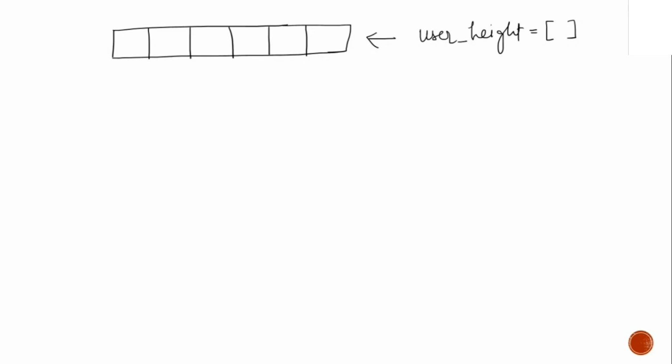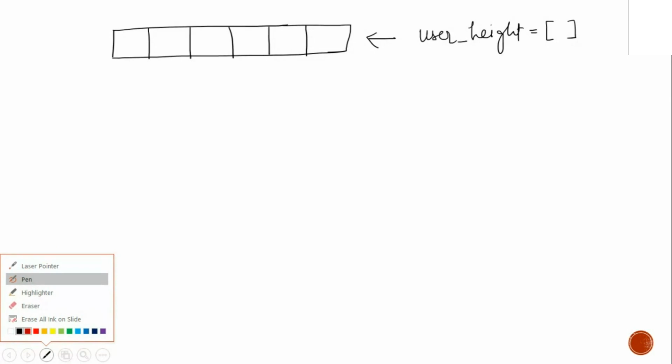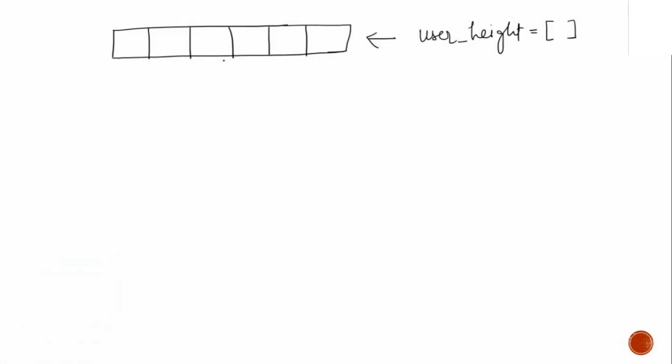Whenever you are defining the list, we have associated values, and those values are related to positions. Let's say I define the user height. If you have the idea of an array, you can compare this to a bookshelf.